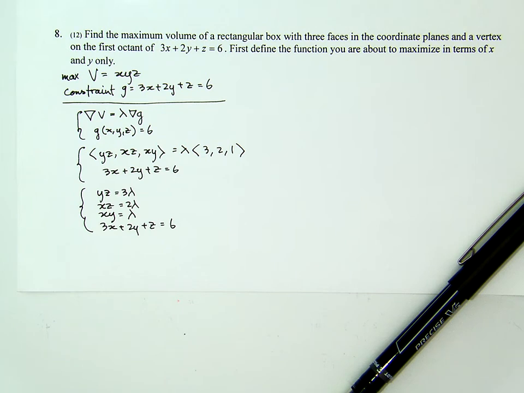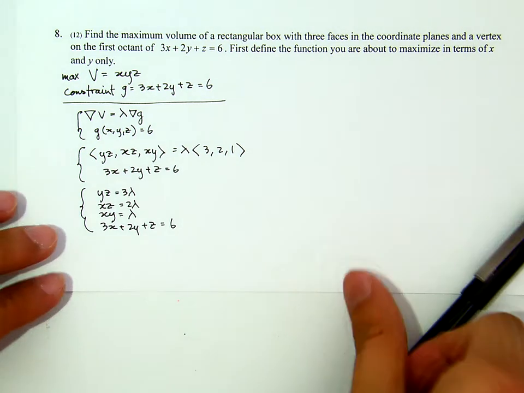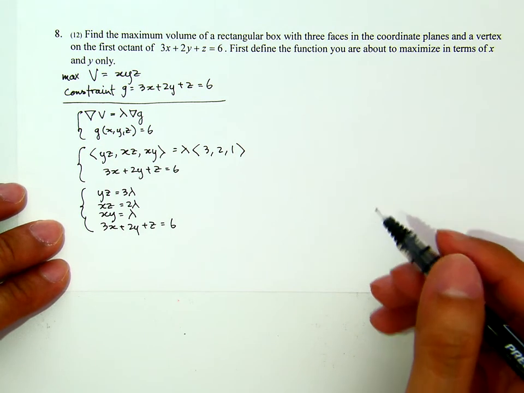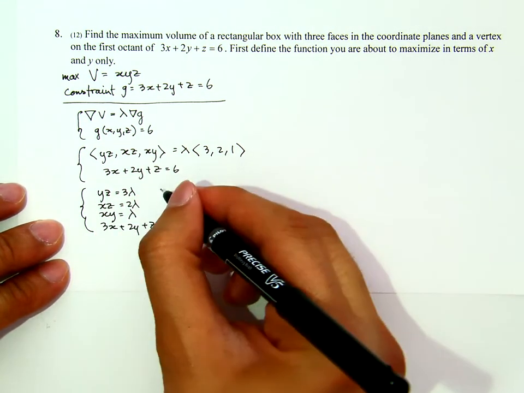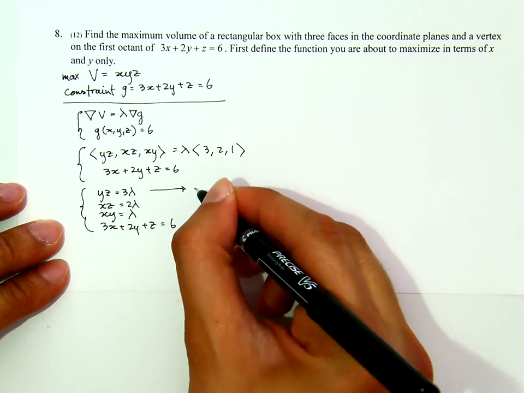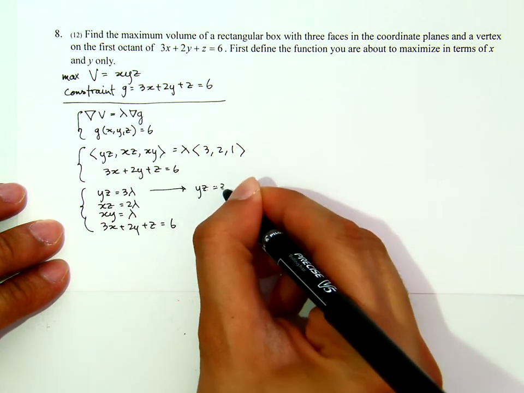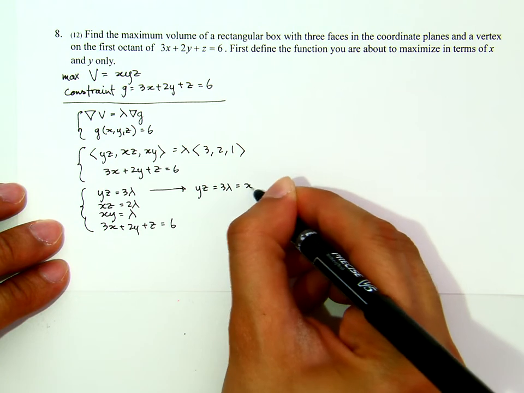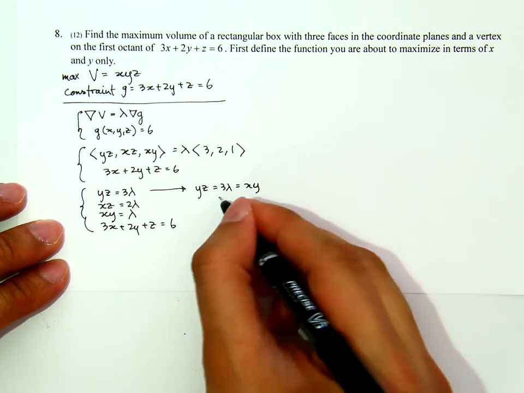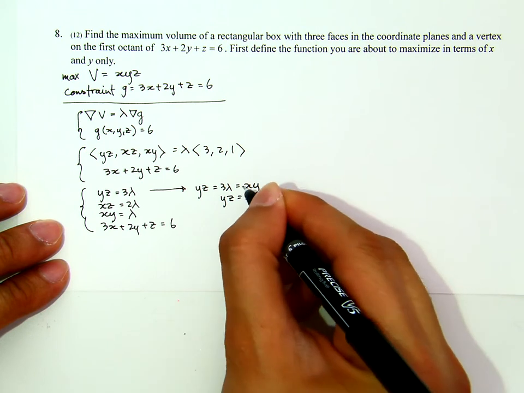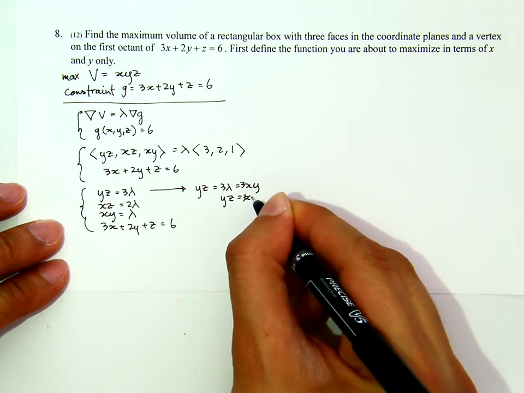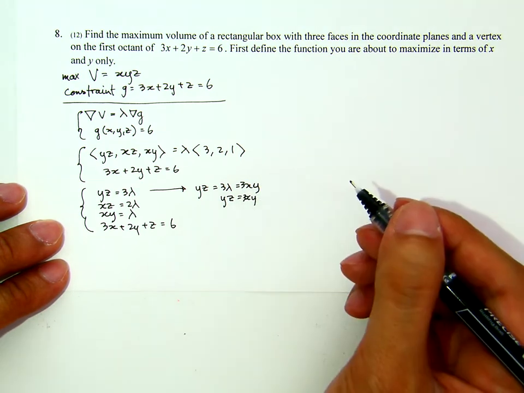Notice that lambda equals xy, so yz equals 3 lambda, which equals 3xy.